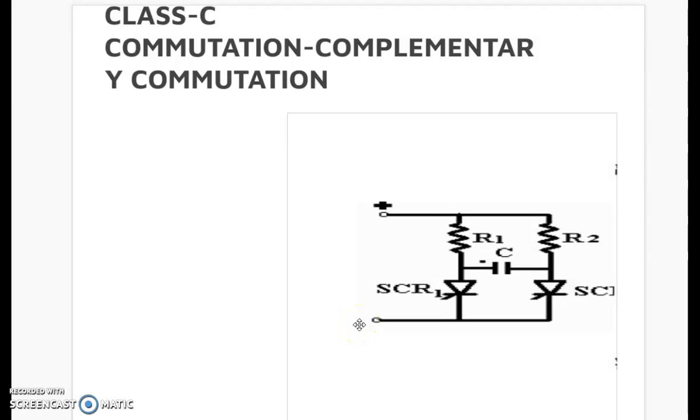When we want to stop the SCR, when the capacitor is fully charged with VC, we will supply a gate pulse to this thyristor. When we supply the gate pulse to this thyristor, the capacitor will be positive at this end and negative at this end. So the positive voltage will cause a current flowing, and this end will also become positive. Since both ends are positive, this SCR stops conducting.